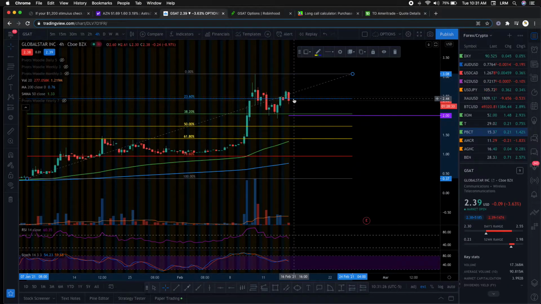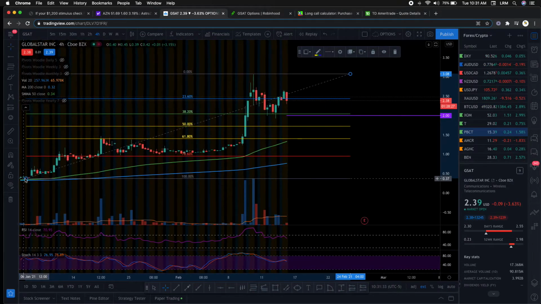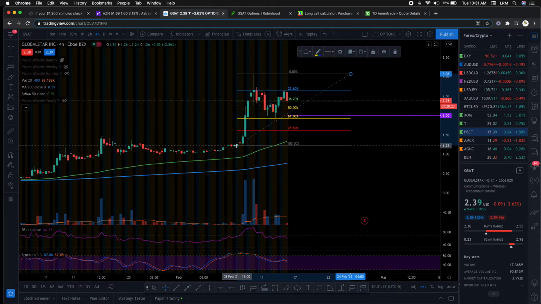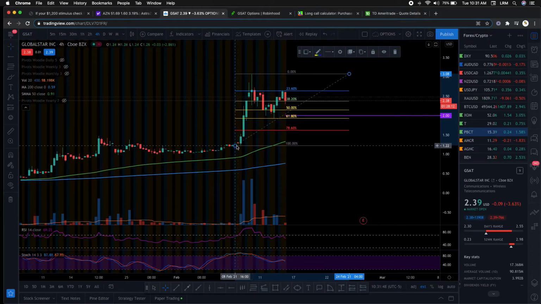But in order for you to have some profit today, you need this price to continue to go up. For the sake of argument, maybe you want the fib to go here. Maybe you want the fib to go here. That's up to you. That's all preference.